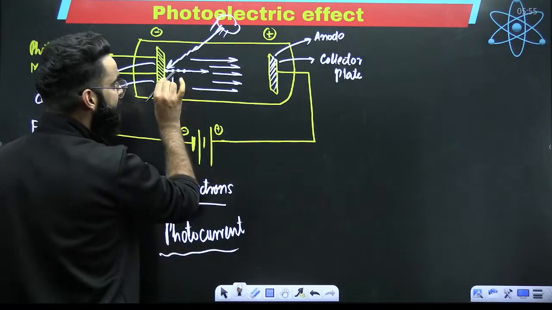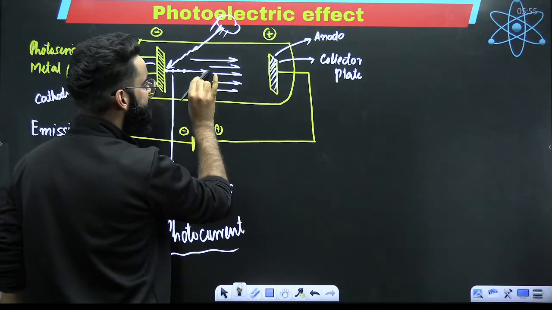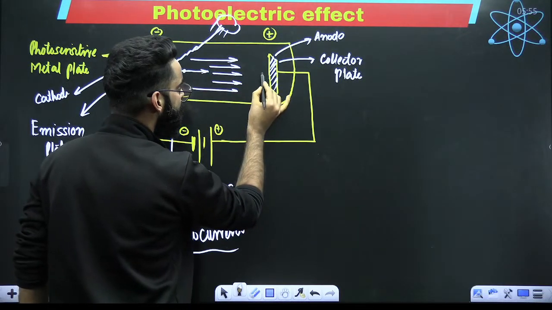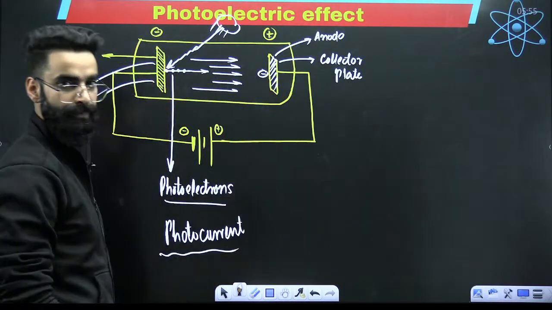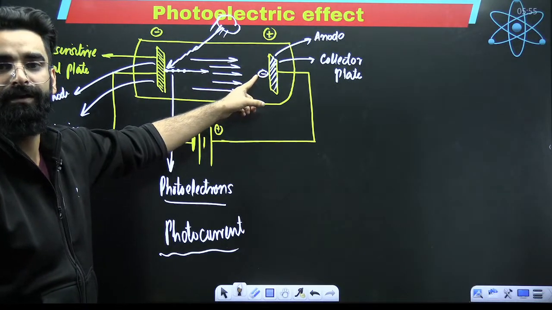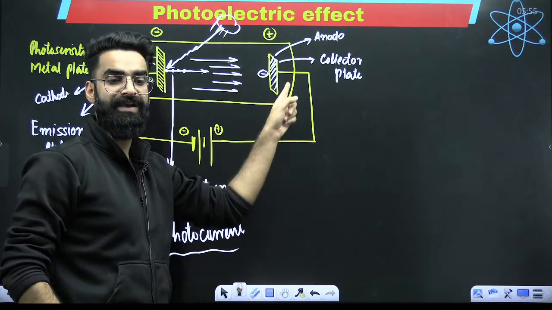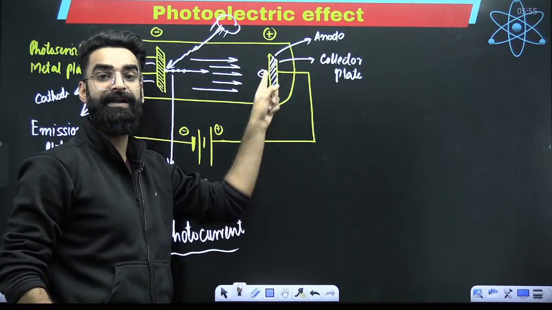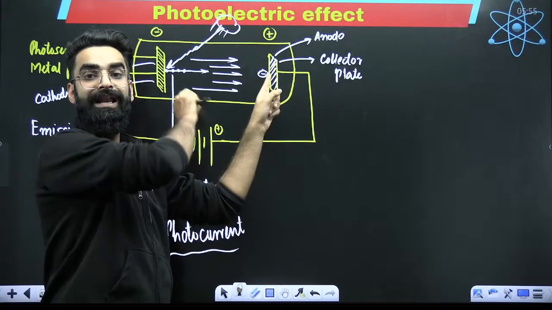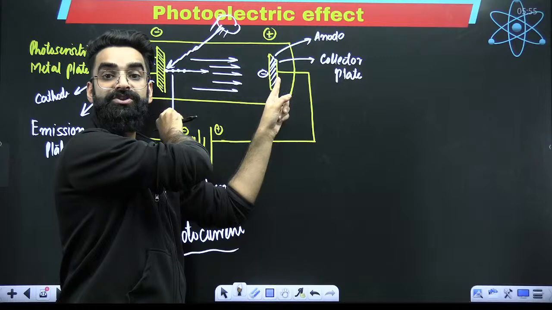can I say the electron which was supposed to come in this direction will experience repulsions from this negatively charged plate, right? My dear students, if I keep on increasing the negative potential of this plate, what will happen? The electron which was supposed to come will experience more repulsions.